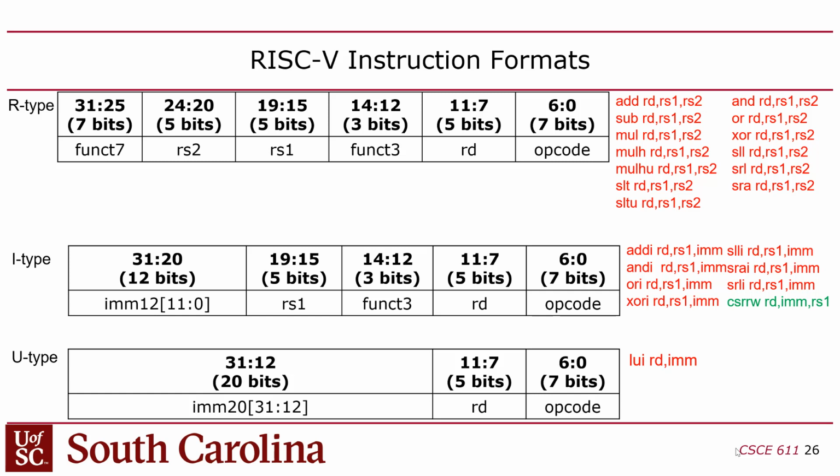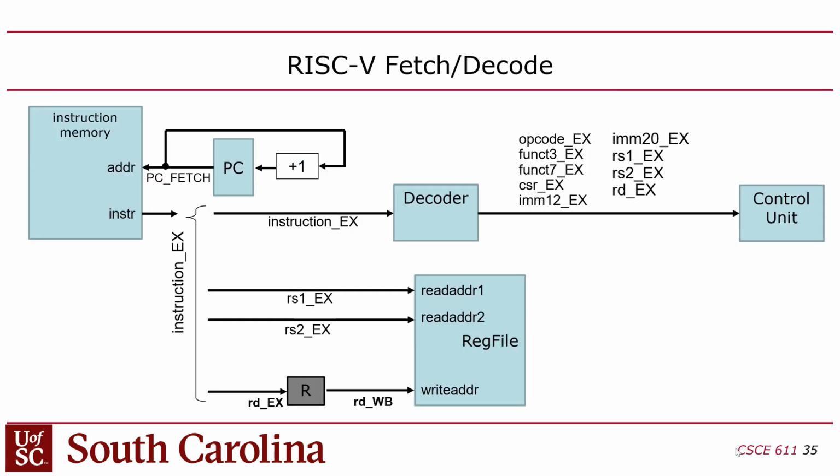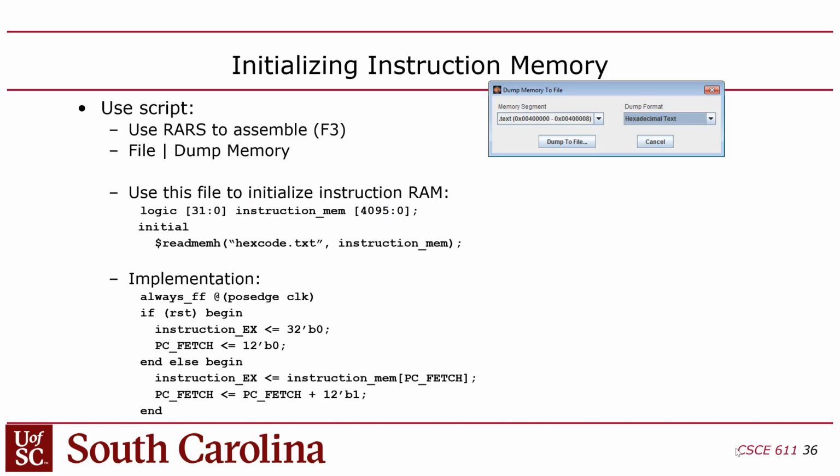So immediate 20 contains RS1 as well as Func3, but it has more bits. So even though this bit field subsumes these two, it's okay. You can still have these names. You can establish these namings. But that's up to you how you want to handle that. And then we talked about how to initialize the instruction memory.